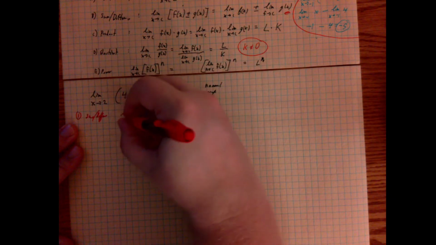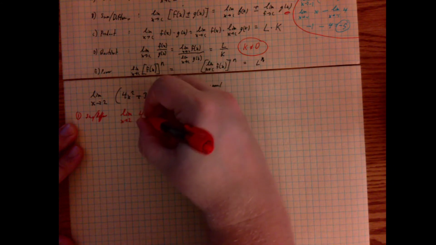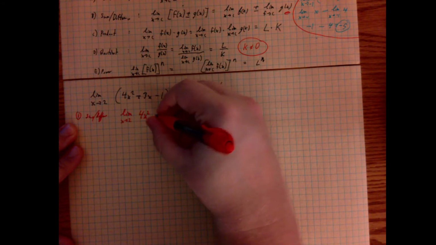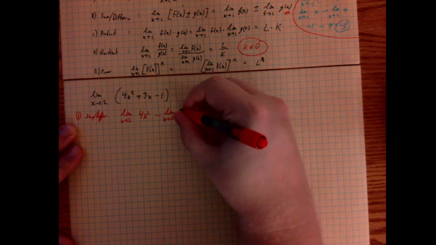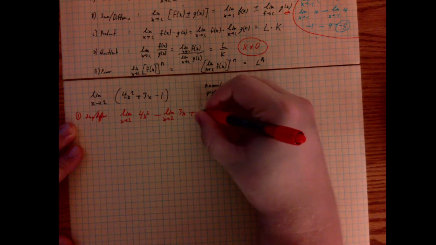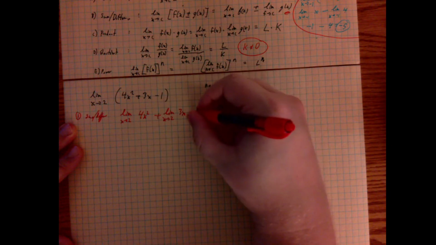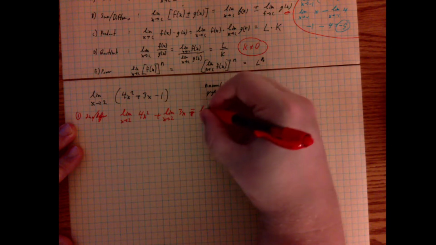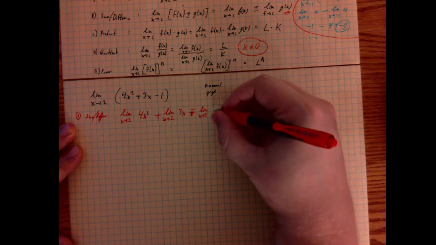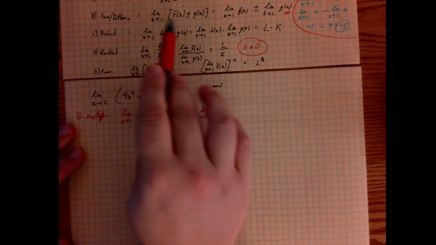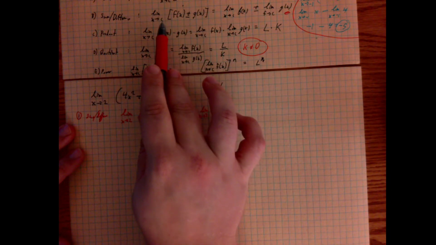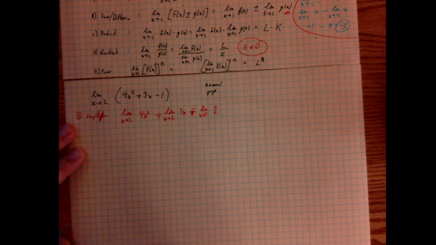The limit as x approaches 2 of 4x squared plus the limit as x approaches 2 of 3x minus the limit as x approaches 2 of 1. So I use my sum difference rule, which says that if they're being added or subtracted as a big limit, I can break them into smaller limits.